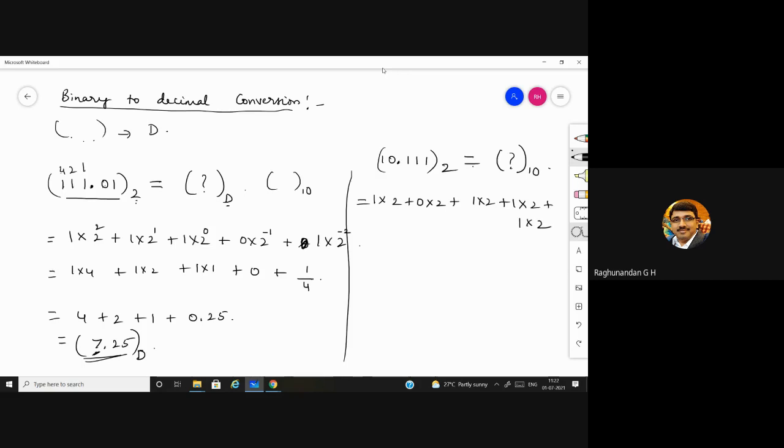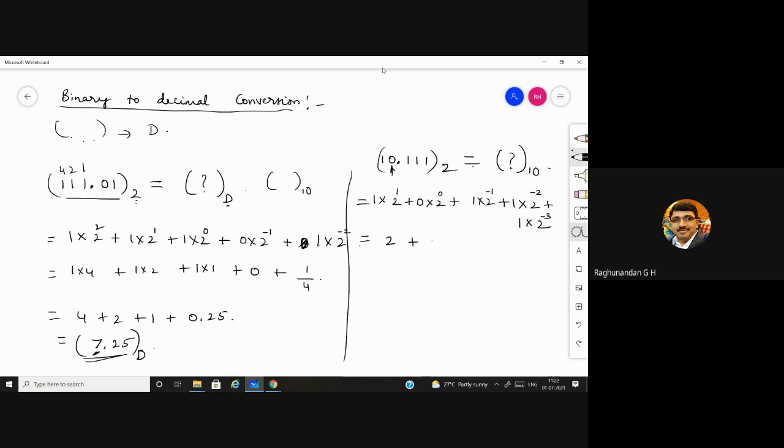For the numbers before the decimal point, to that 2 by which you multiply, you start giving the power 0. Start from 0, 0, 1. The next will be 1.